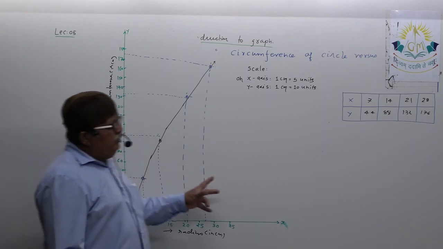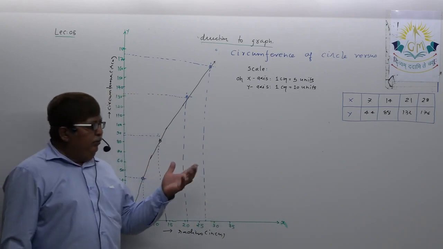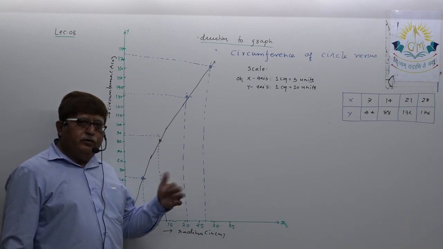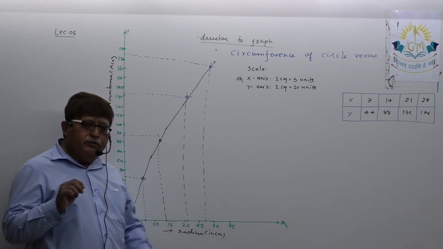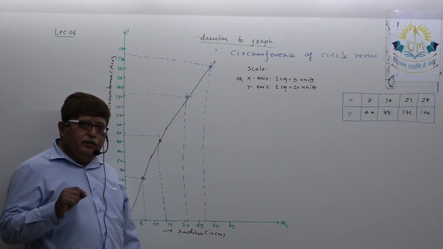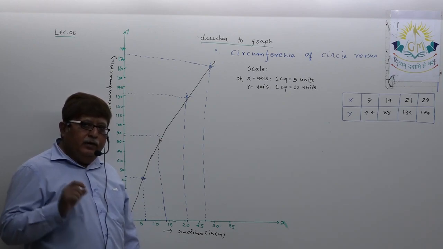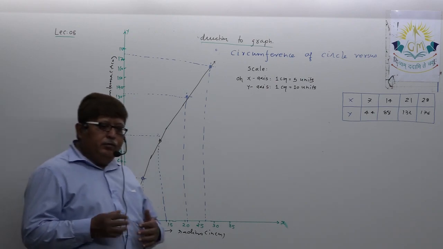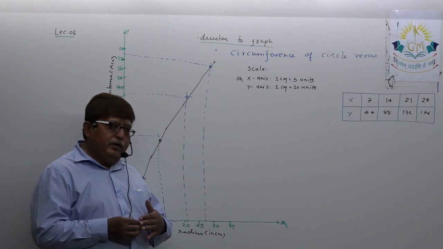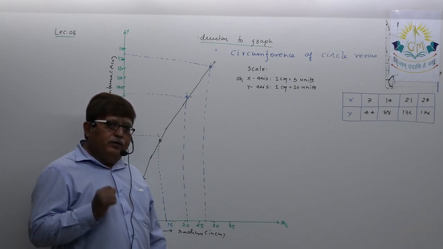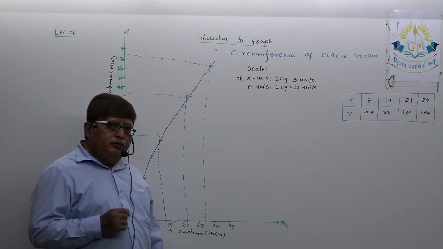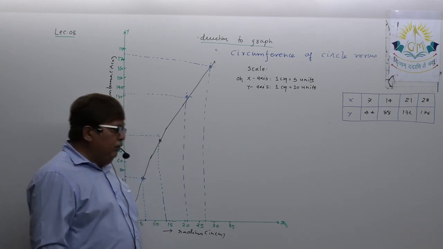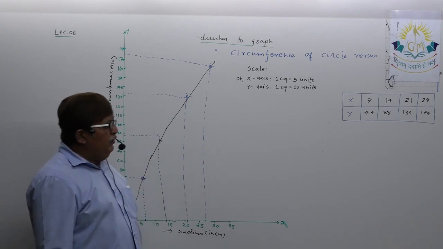But the main intention for taking this is that once it involves in the formula the value of radius and value of pi, you may feel a little more difficulty in understanding the graph. So one target was that whenever you come across such a situation, you can easily understand this.